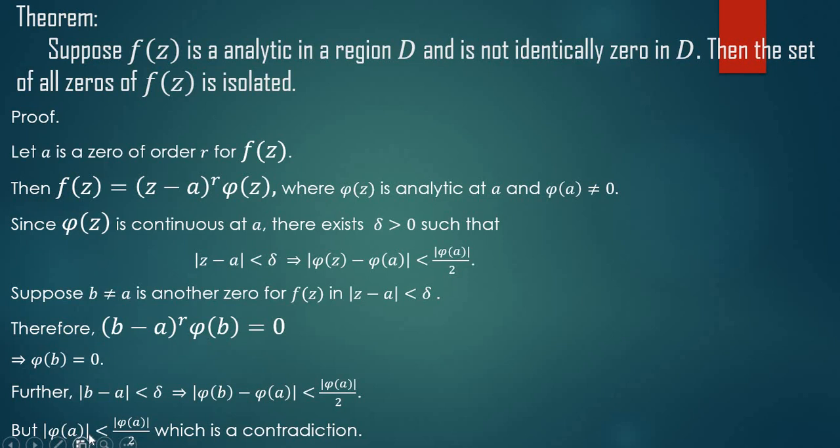But modulus of phi(a) is less than modulus of phi(a) by 2 because phi(b) equal to 0, which is not possible. So we get a contradiction to the assumption that b is another zero for f(z) in this neighborhood. So we proved that a is isolated. Since a is an arbitrary zero for f(z), we proved that the set of all zeros of f(z) is isolated.